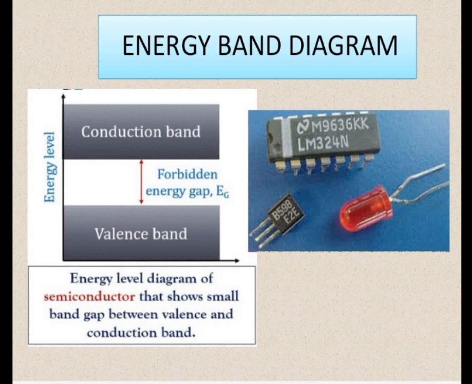It represents the minimum energy that is required to excite an electron up to a state in the conduction band where it can participate in conduction. The energy level diagram of the semiconductor shows a very small band gap between the valence band and the conduction band. These semiconductors are used in IC chips and LEDs.